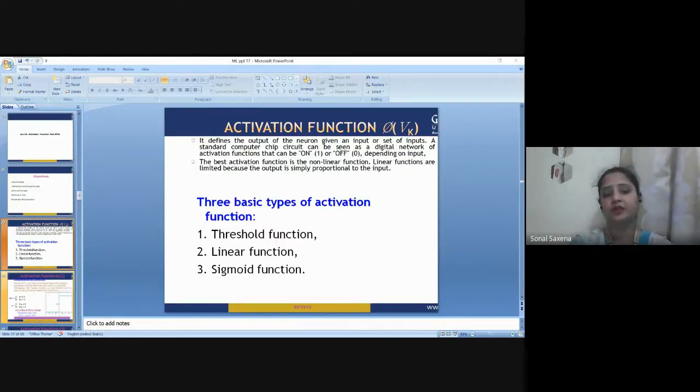Now, why do we need a nonlinear activation function? A neural network without an activation function is essentially just a linear regression model. The activation function does the nonlinear transformation of the input, making it capable of learning and performing more complex tasks. So that is why it is required.